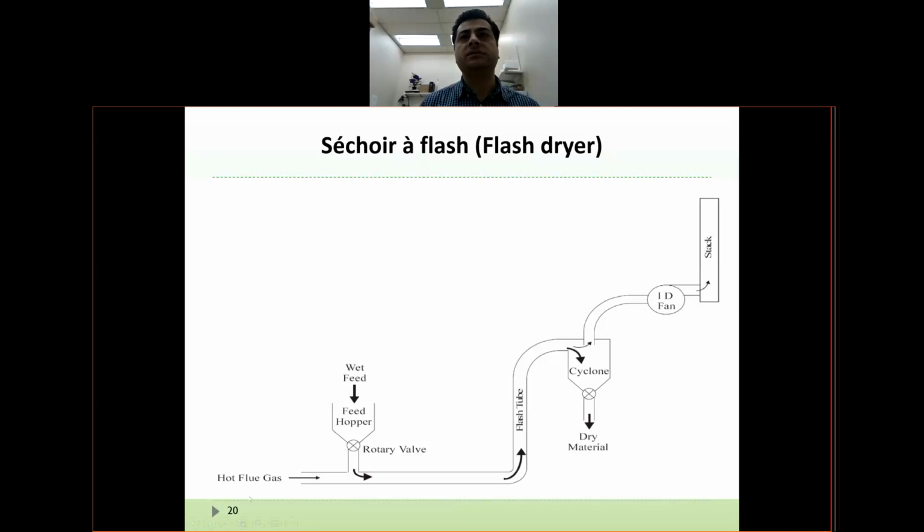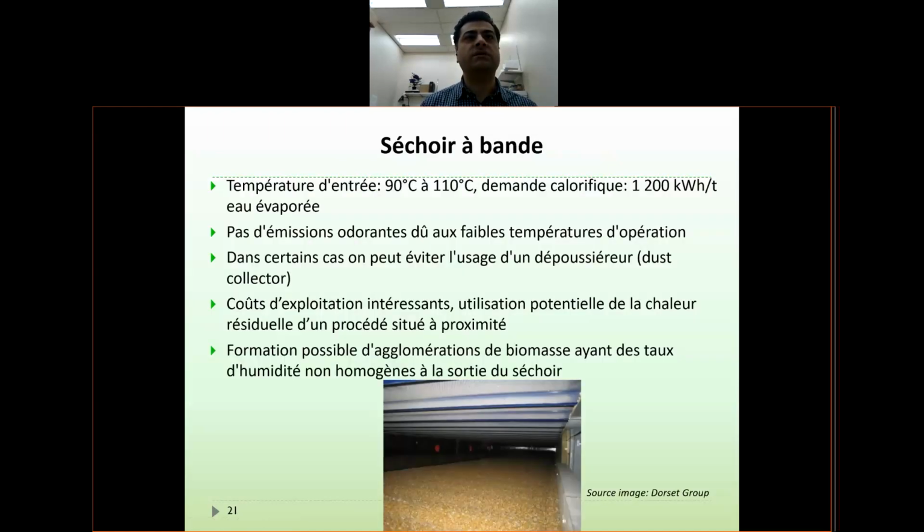You can see that, before I go to slides. Yeah, here this is the dryer. This is the rotating drum dryer. You can see how large it is. You can see from the video when they are turning, you can see the movement of biomass.